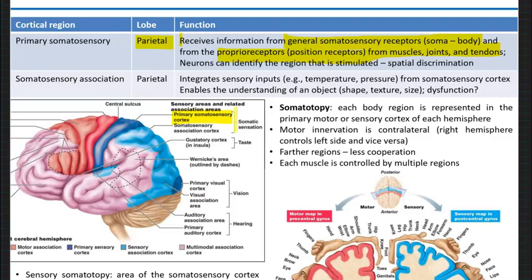You know, oh, this is a bolt that I need to remove. Or in the darkness, like you have to go pee and you touch the walls to figure out where the door is. That's your somatic sensations being integrated in the association cortex. So primary somatosensory cortex receives and kind of sorts out everything, and then association cortex puts it all together and tells you what this is.